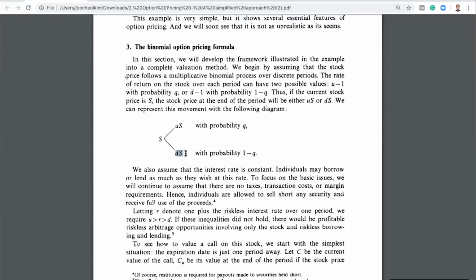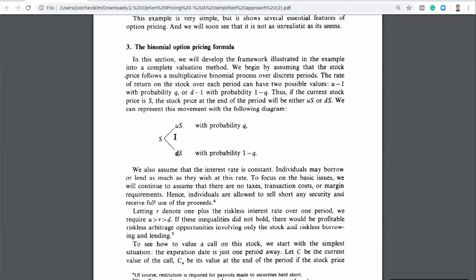And here S is still 50, but D is a half, 0.5. So this number is 25. Of course, how can you determine U and D? There is a plausible way to determine the values of U and D later, but we just take it for granted.